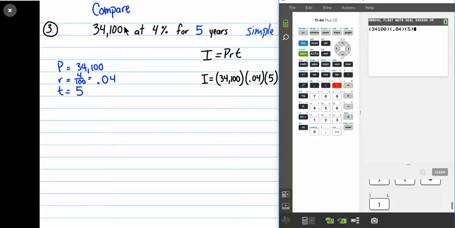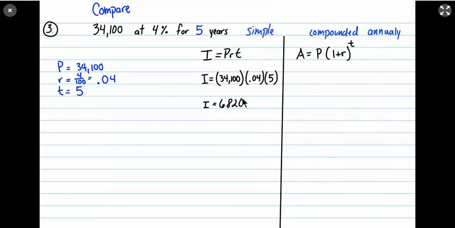A car could easily cost about 34,100. 4% would be a normal interest rate somebody might pay, and typically people take about 5 years to pay off a car. Okay, so when I work this out, I end up with 6,820.